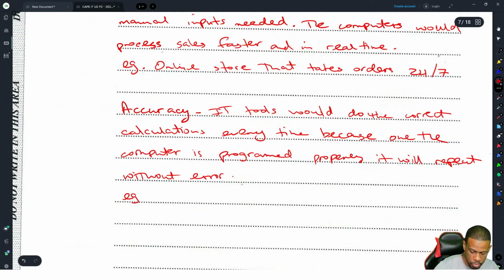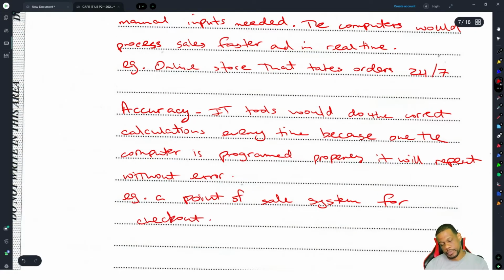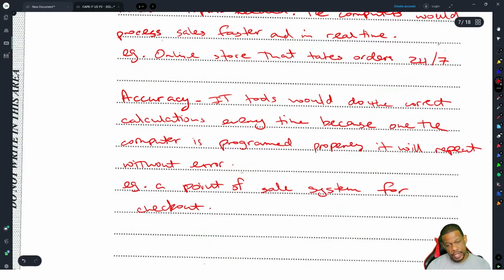Example, a point of sale system for checkout. Right, if that won't get you 4 marks, I don't know what will.